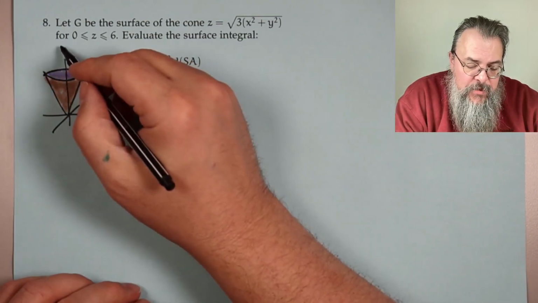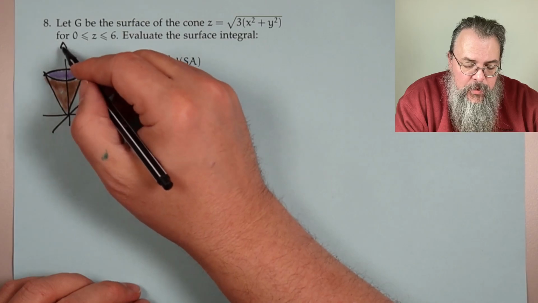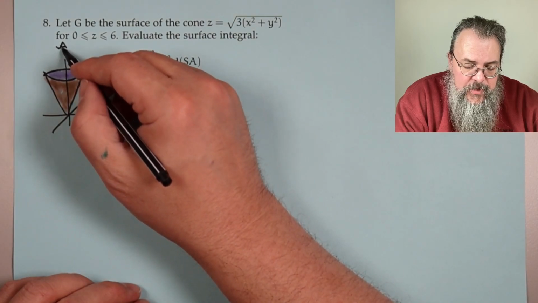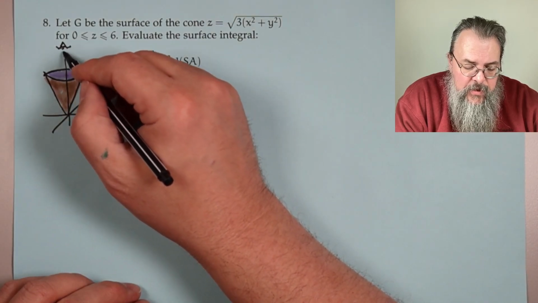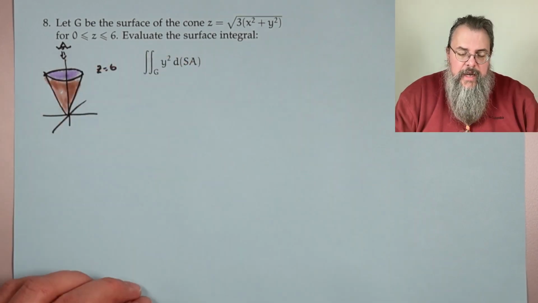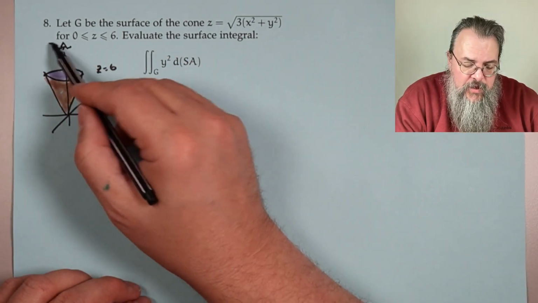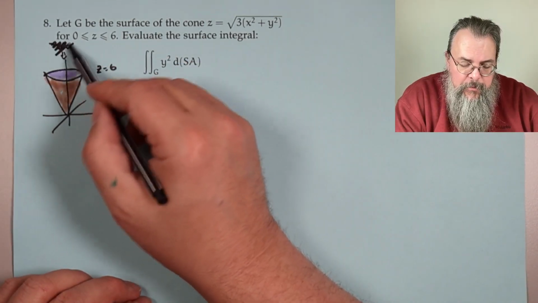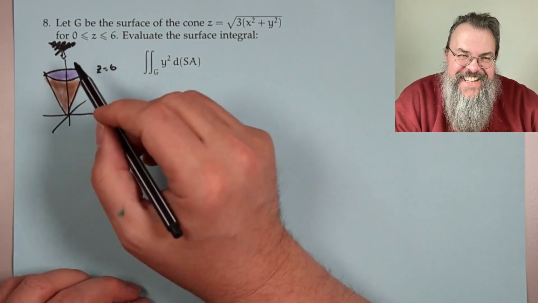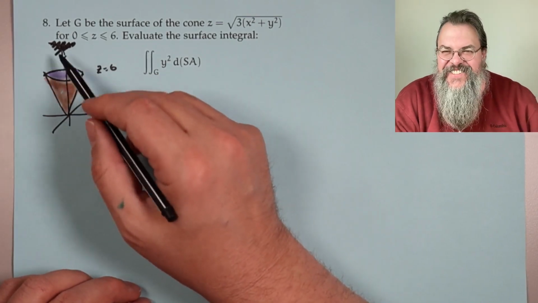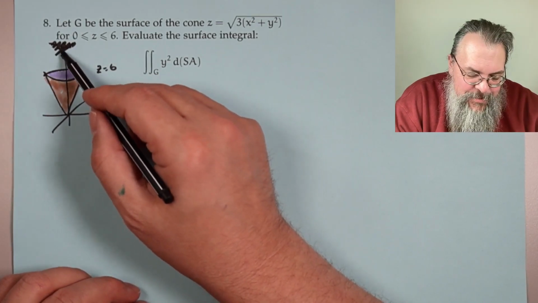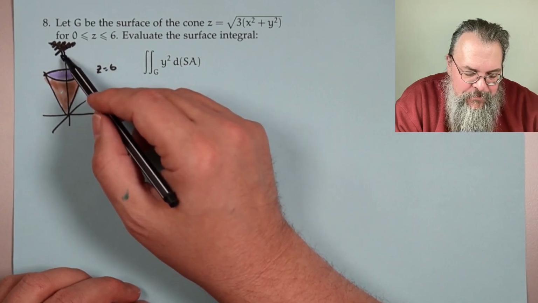So imagine, if you will, that you were looking down, looking straight down the axis. You can tell I don't draw well. I should get better at drawing. I'll practice that.